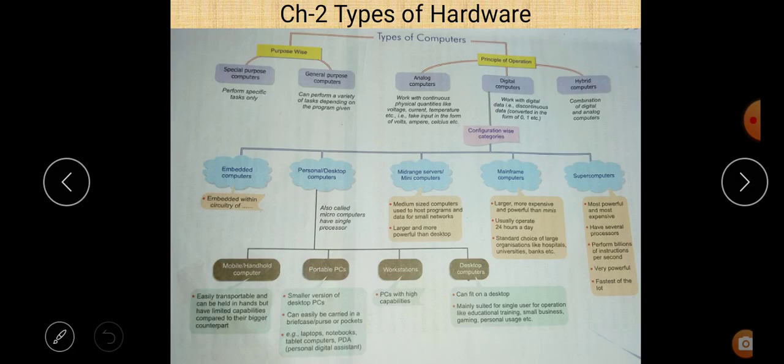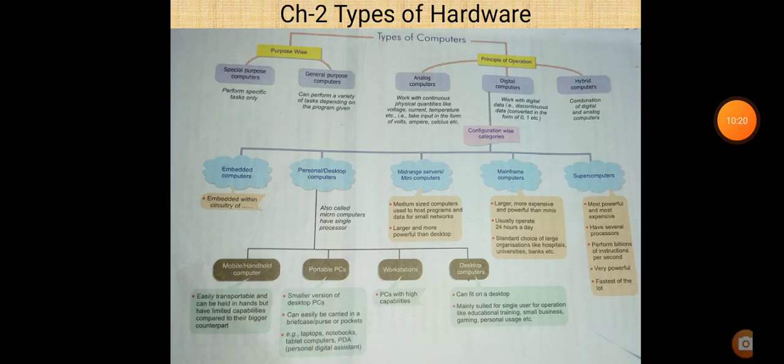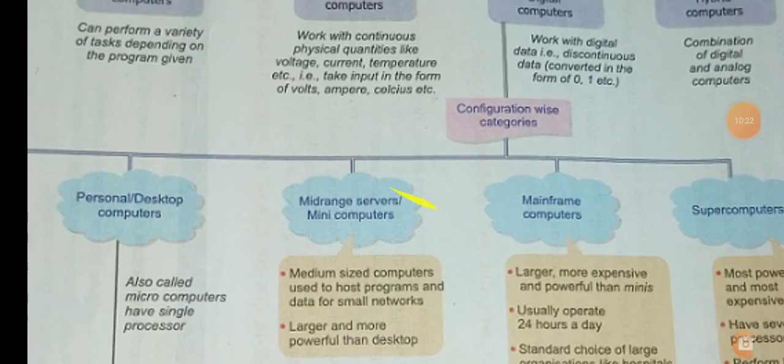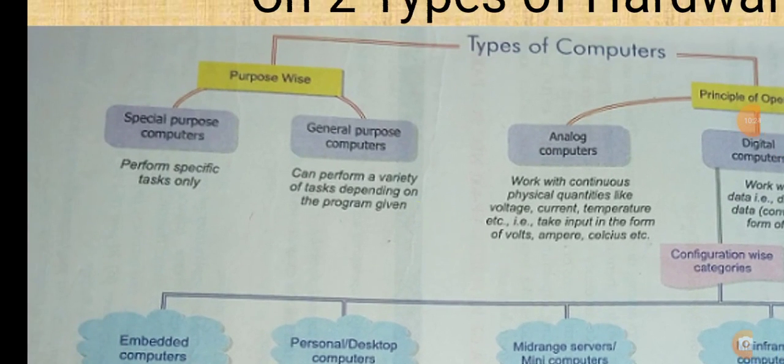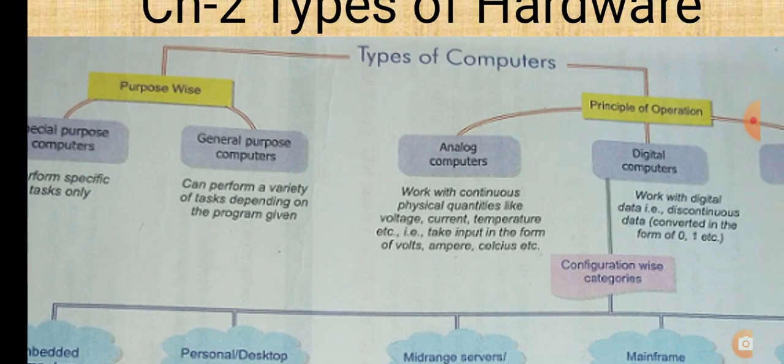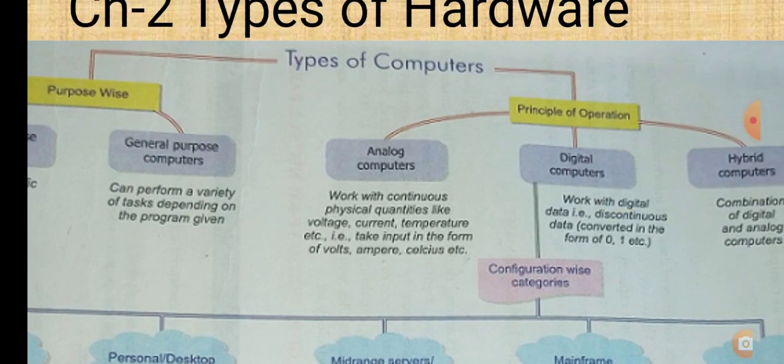Now these are the types of the computer system you can easily see on the screen. Basically, computer systems can be divided into two broad categories. First of all, you can see that types of computers are divided into two broad categories: purpose-wise and principle of operations.